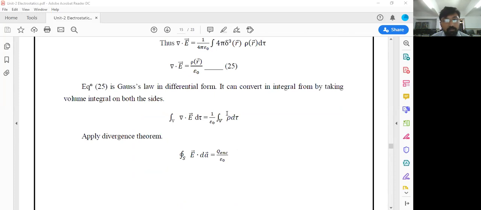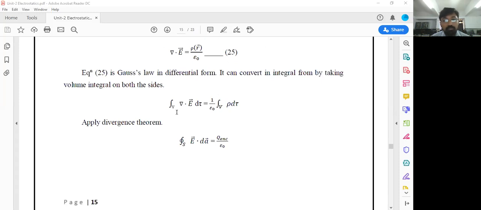Now we apply the divergence theorem that you have studied earlier. It will convert the volume integral into the surface integral, and the operator del will vanish.